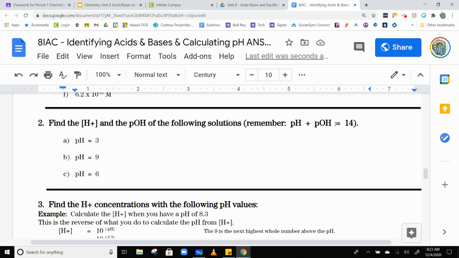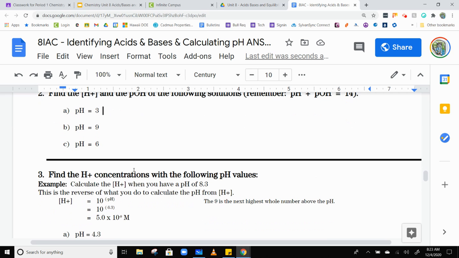But for pOH, I didn't put an example because it's just pH plus pOH equals 14. So if pH is 3, then pOH is just 14 minus 3, which is 11. They have to add up. pH plus pOH have to add up to be 14. So that's pretty simple.